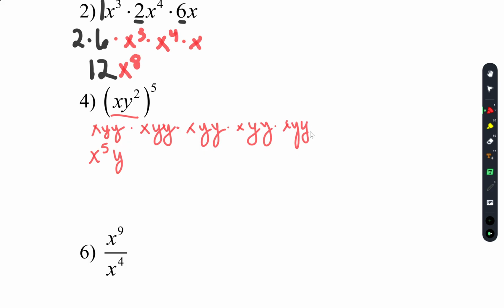Guys, stop the conversations, please. So there's 1, 2, 3, 4, 5 x's. That's where x to the 5th comes from. And then there's 2, 4, 6, 8, 10 y's. You just multiply the exponents.